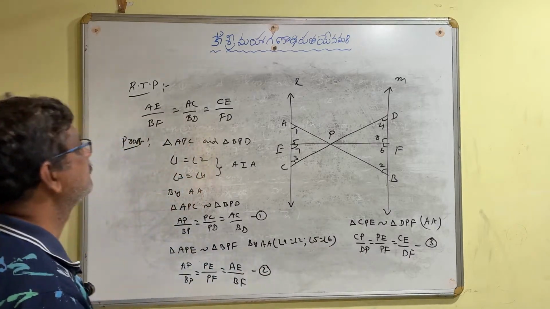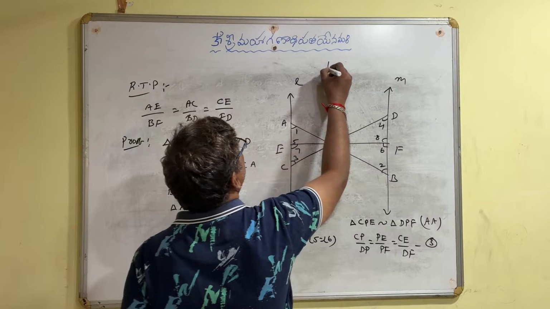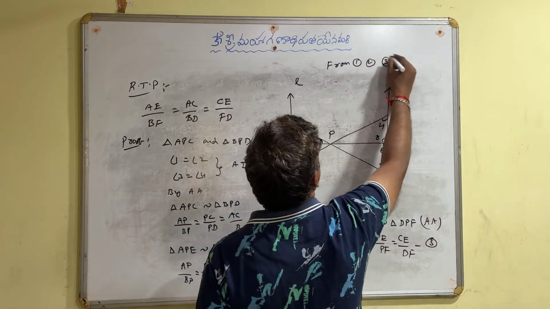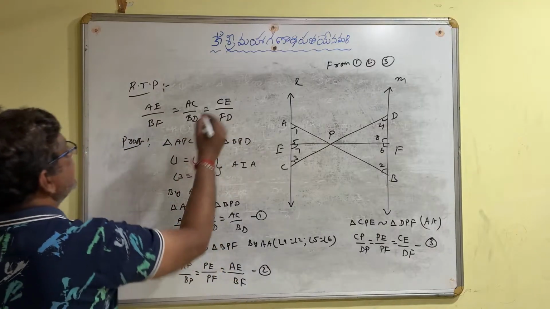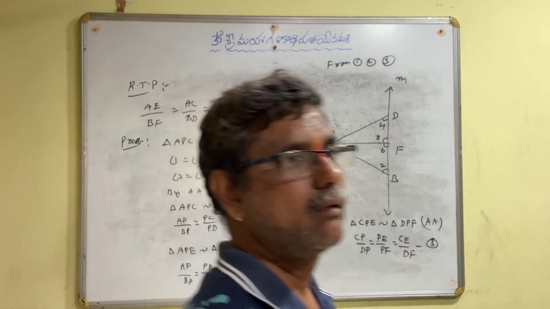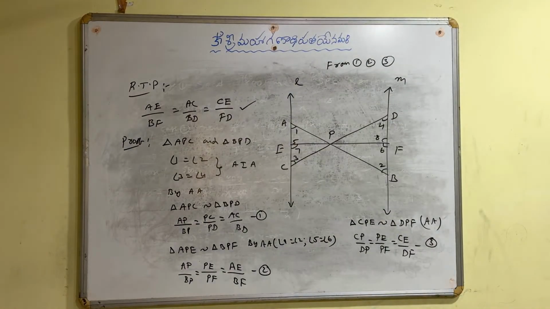That means from 1 to 3, we can write this one. That's all. Okay? From 1 to 3, we can write the required answer to prove.